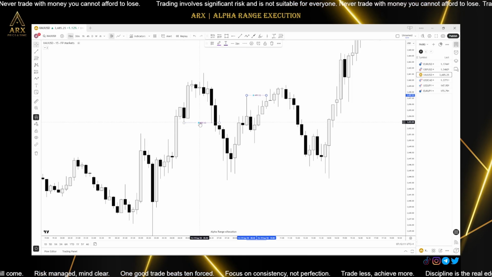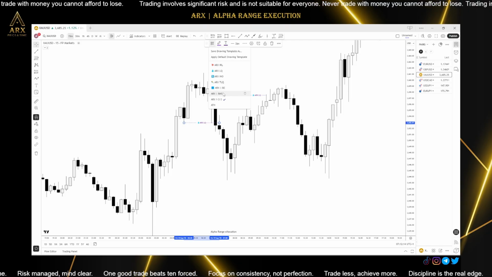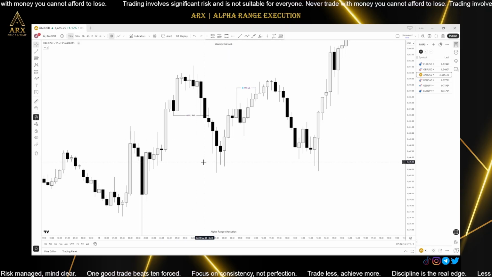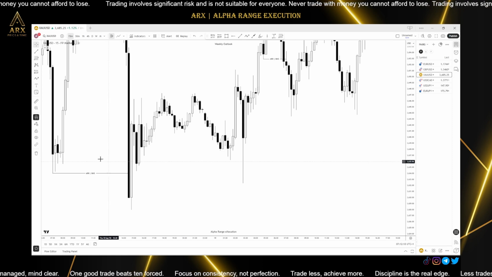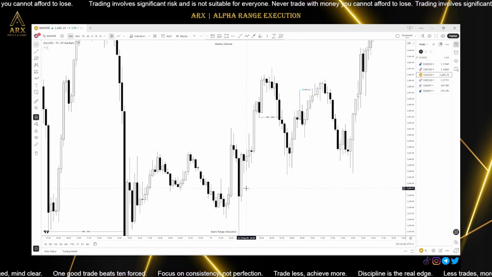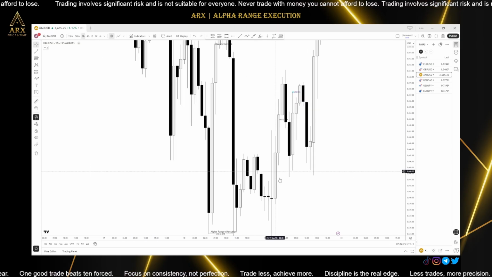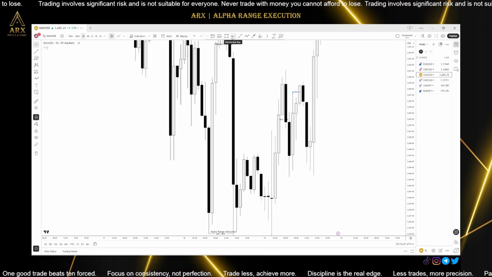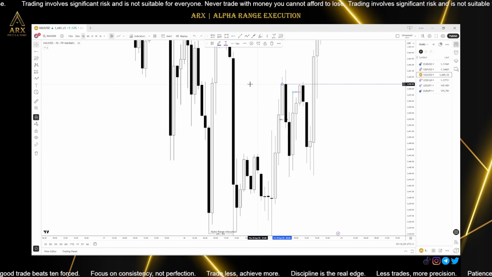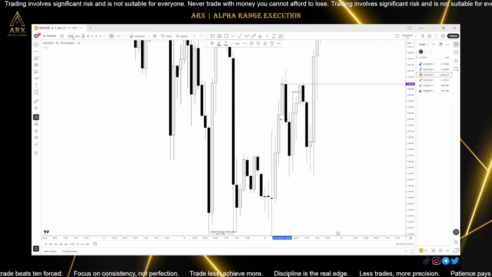This was a break of structure. You have the break of structure to the downside, confirmed with this one as well. So I was thinking, let's go one time frame higher. I go one time frame higher, and I noticed a rejection block here. So I'm going to take a trade from that level and see what happened.